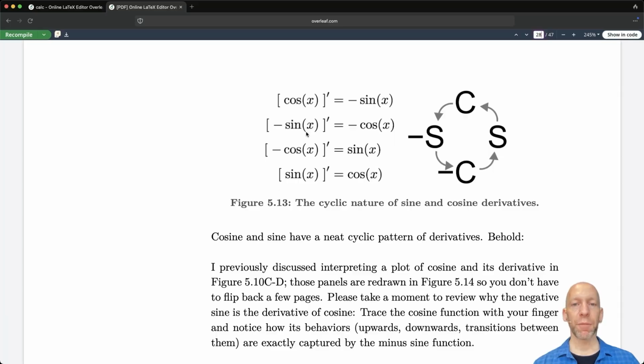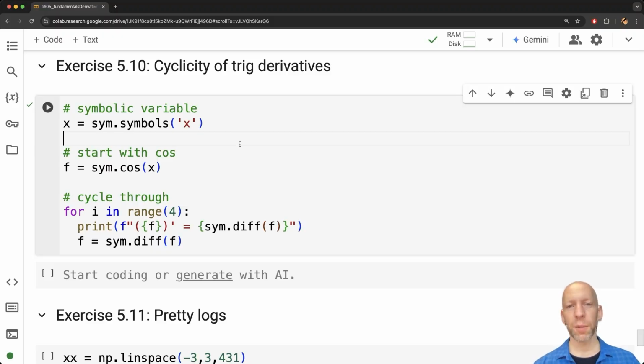So here is the figure I'm referring to, and basically, yeah, it's just saying that the derivative of cosine is minus the sine, the derivative of minus sine is minus cosine, and so on, until we get back to the cosine. Here you see that there isn't a whole lot of code that we need to solve this exercise.